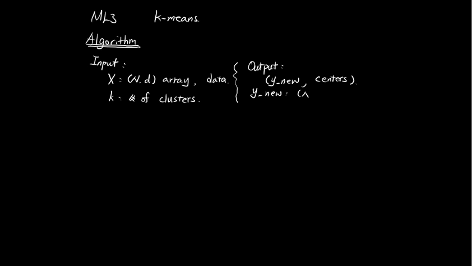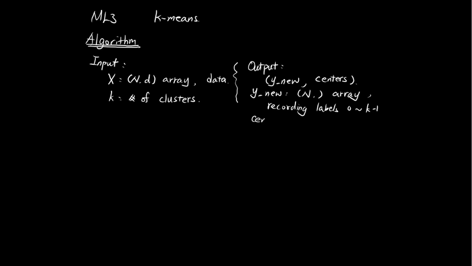It is an n array, and it records the labels. And the labels are between 0 and k minus 1. Each data point will have a label. But this k tells how many kinds of labels we have. We have k types of labels.